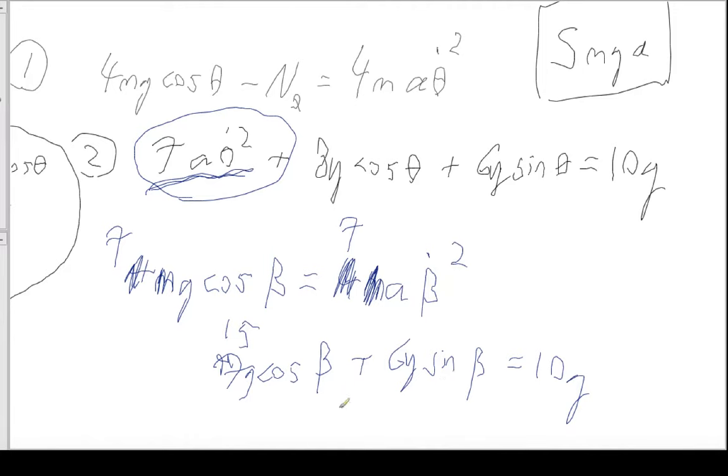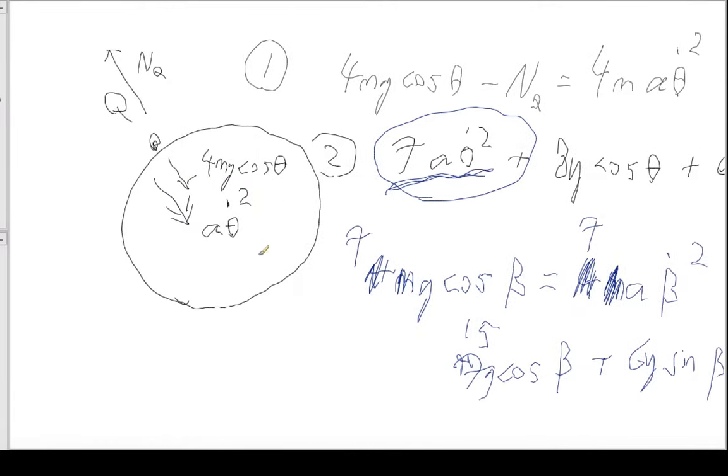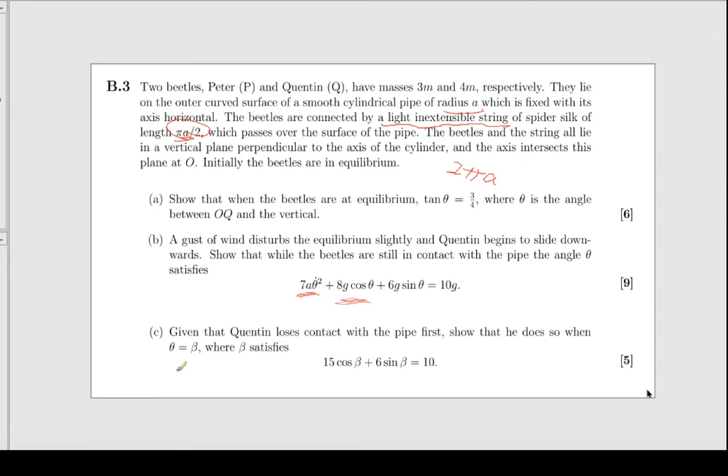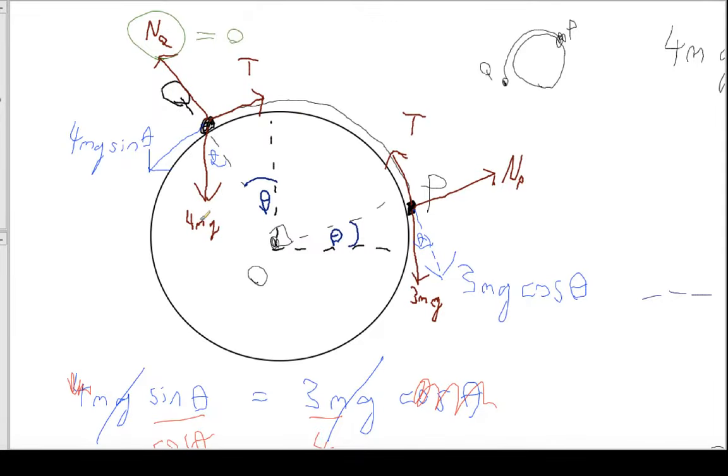Okay, so let's go over that one more time. How did I do that? First, you just remember the formula for the radial acceleration, right? Then 4mg cos theta minus the normal reaction. That's just F equals ma. Equation 1 is just F equals ma applied radially. And we know that when theta equals beta, Quentin loses contact with the pipe. So when theta equals beta, it means that N_Q equals 0.